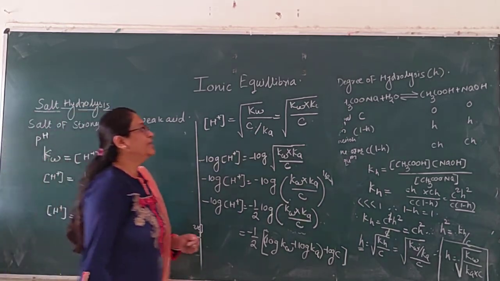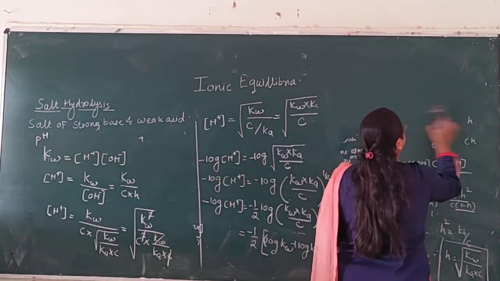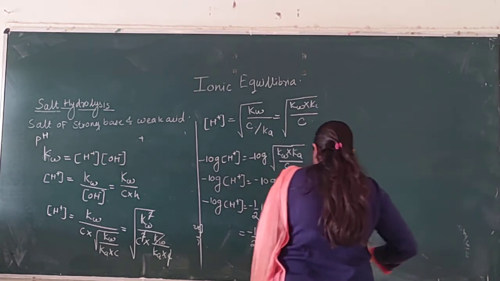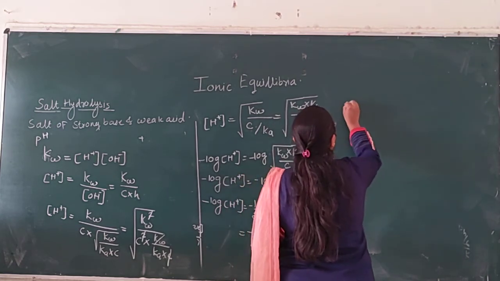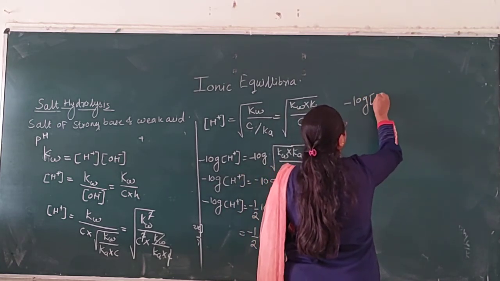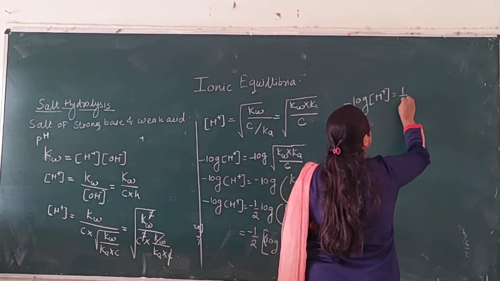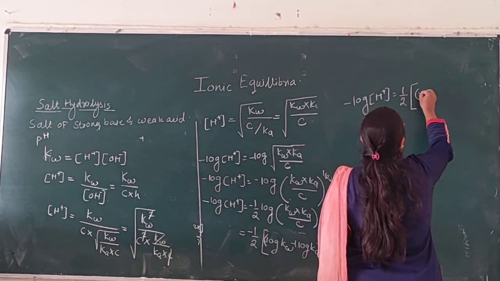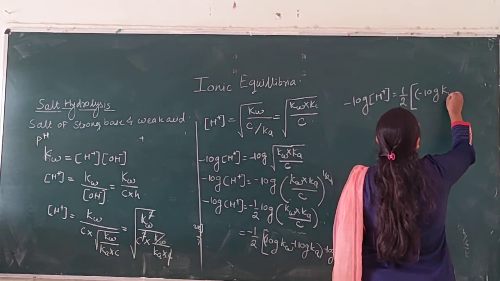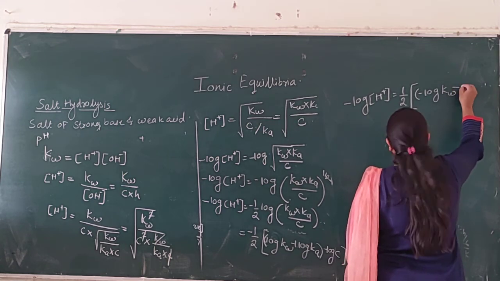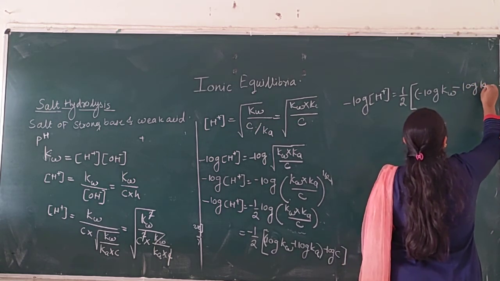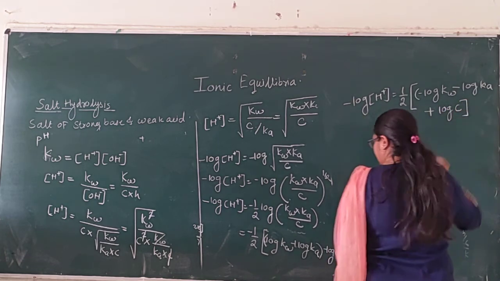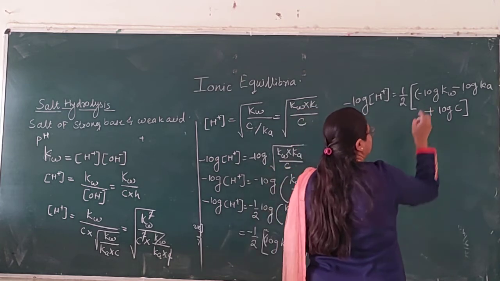Now, what we are going to do is we are going to take that negative sign inside. This negative sign will multiply inside. So, minus log of H plus is equal to half as it is. We are only going to take the negative sign inside. So, minus log of Kw, minus log of Ka plus log C. This negative will become positive here.